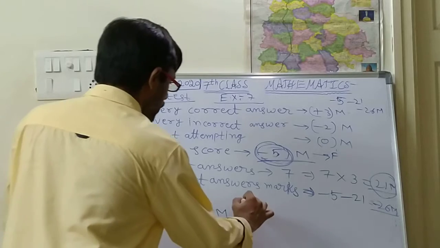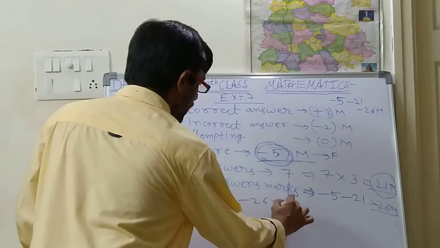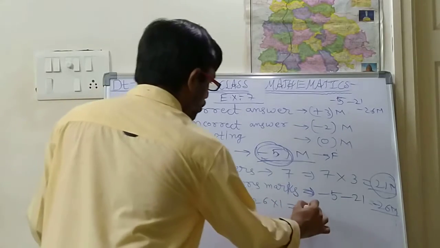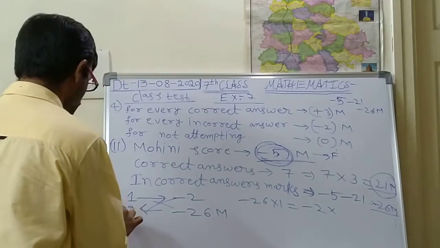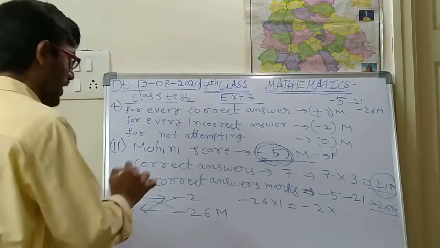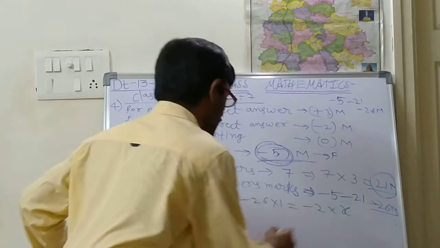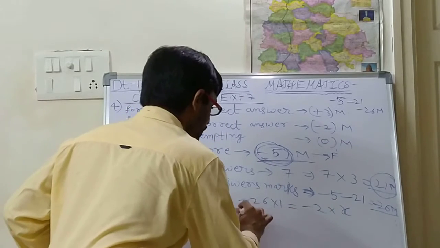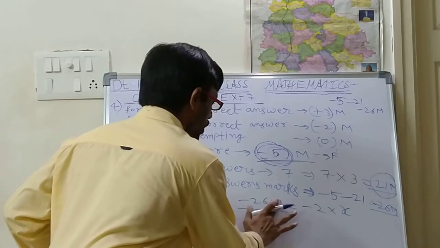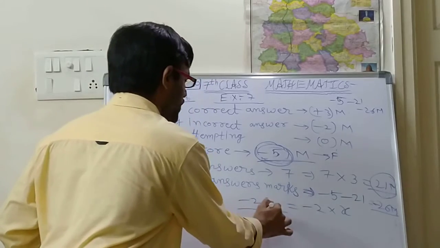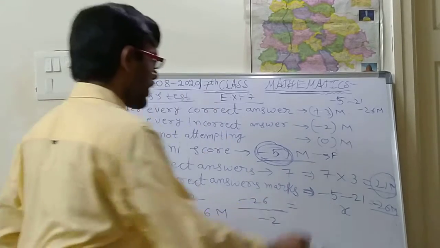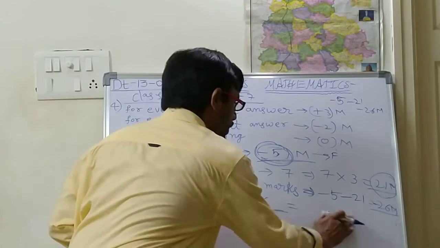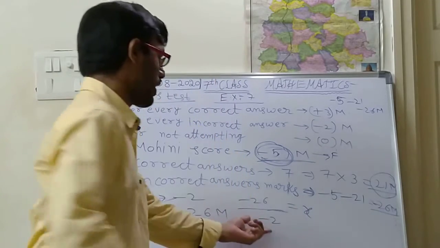Minus 26 into 1 is equal to minus 2 into x, we don't know this one, so let it be x. So x is equal to minus 26 by minus 2.